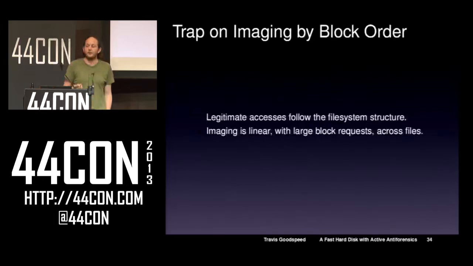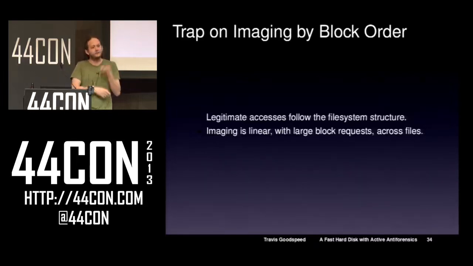You can also do it by block order. So in addition to seeing what sort of host software you're running, the disk can check to see if you're reading in order. All disk imaging software seems to read from the beginning to the end, except for one piece of Russian software, which, get this, can read from the end back to the beginning.